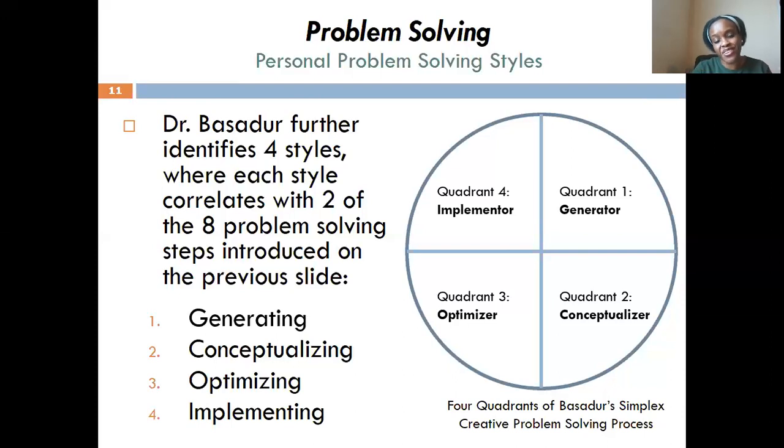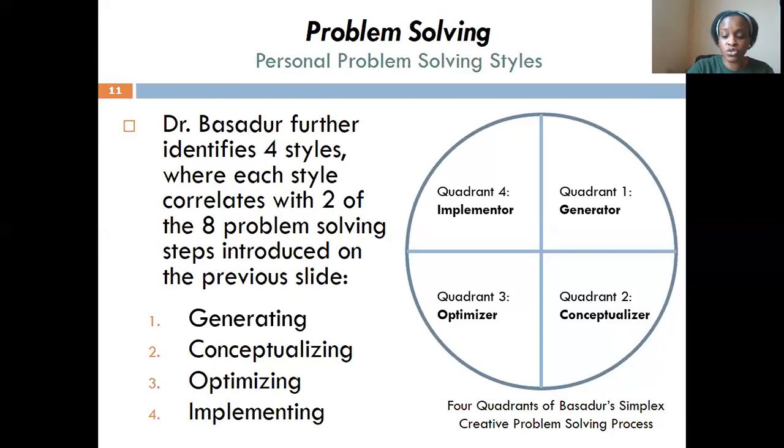You can carry on with more research on this on the internet. There's actually a psychometric test to determine which problem-solving style is your preferred problem-solving style. But I think it's rather expensive. So I hope that from my explanation, you're able to determine which is your preferred problem-solving style.